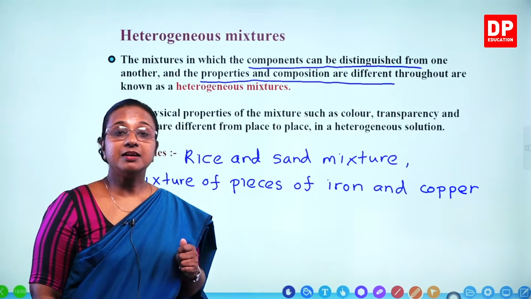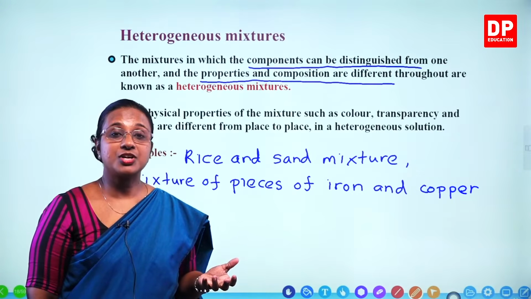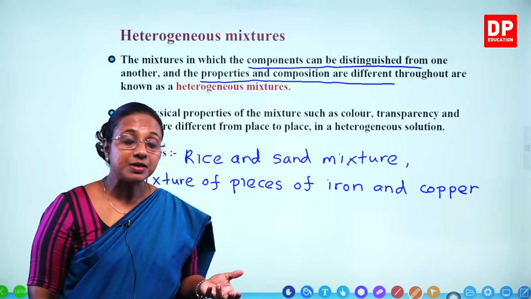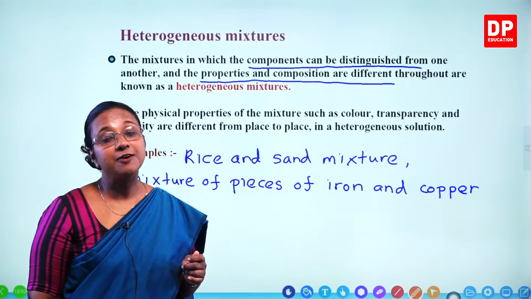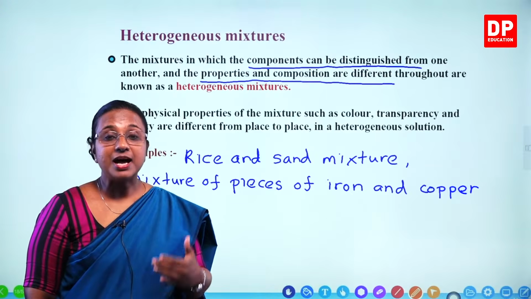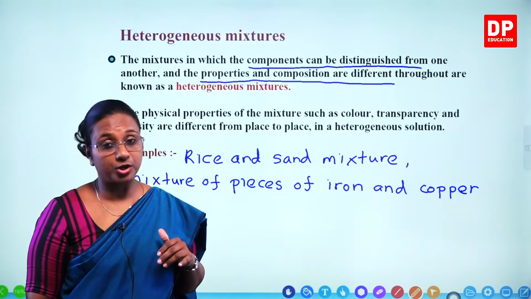Then if we take lime water, that is calcium hydroxide dissolved in water, or calcium carbonate dissolved in water, a small amount will dissolve, but most of it will deposit at the bottom.